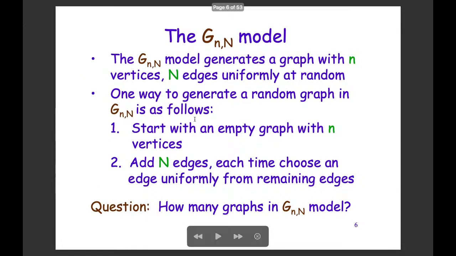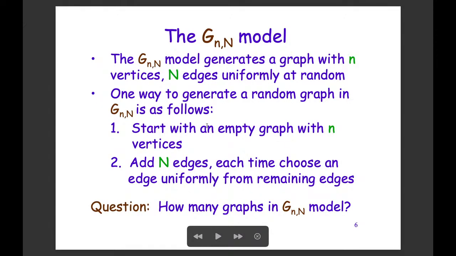Okay, the other graph model is called the Gnn model. Now, the Gnn model is still generating a graph that has exactly n vertices, but this big N here denotes the number of edges that will appear in the graph. So we will always have exactly big N edges. To do so, it is simple.